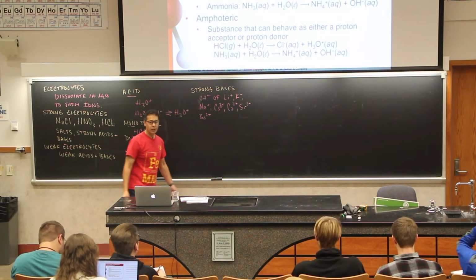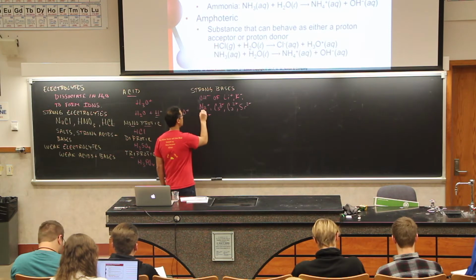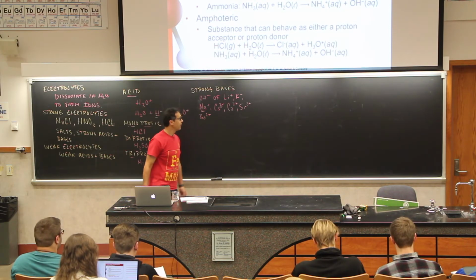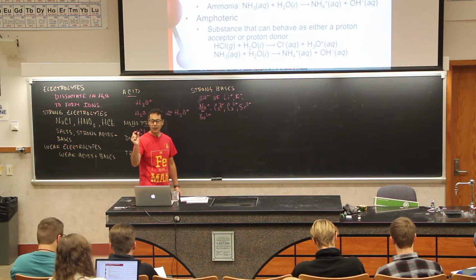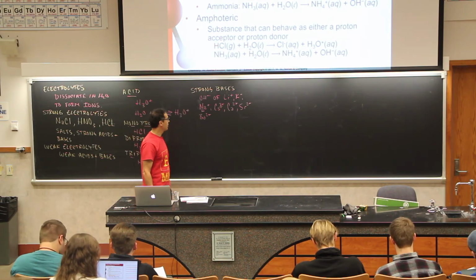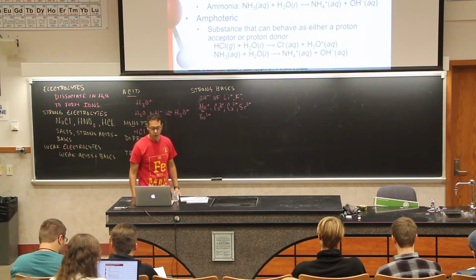But really the most common one we think of when we think of strong bases is probably sodium hydroxide. That's the one that you might be using in lab. It's a white crystalline substance, and if you leave it out, it tends to absorb water.